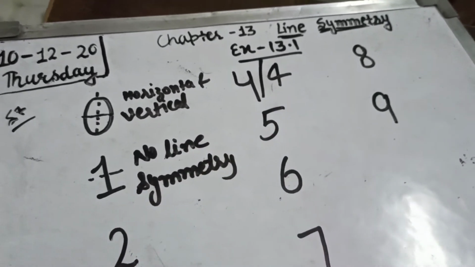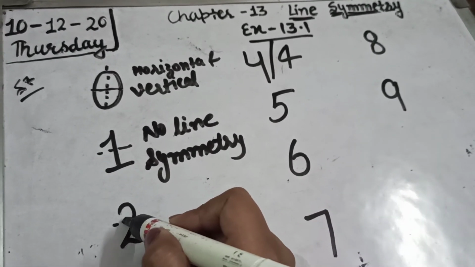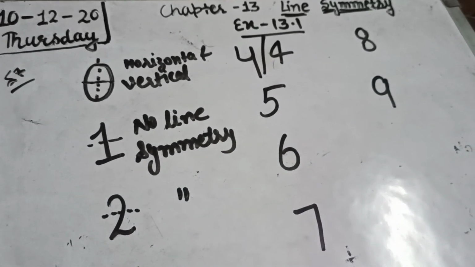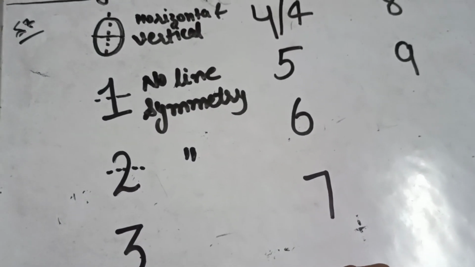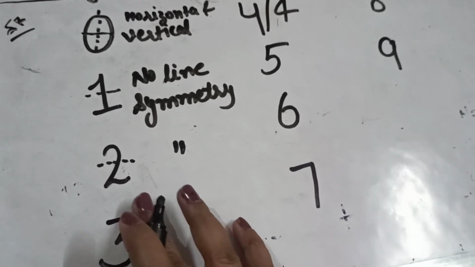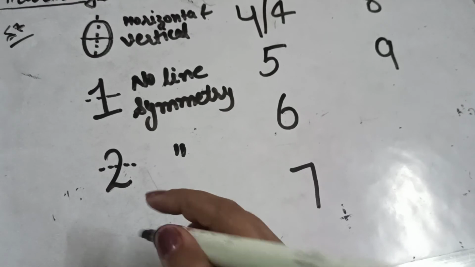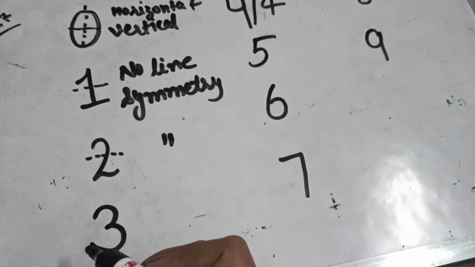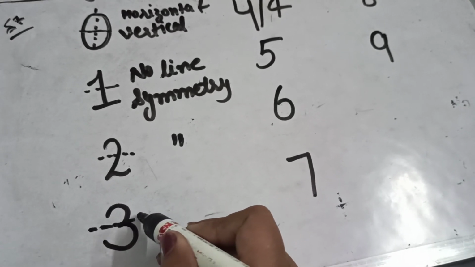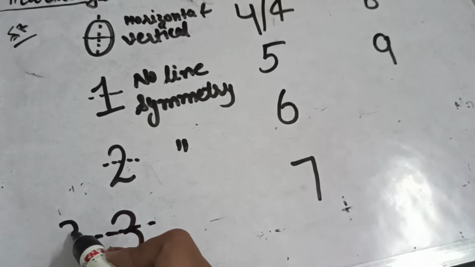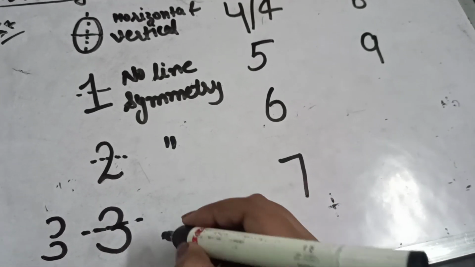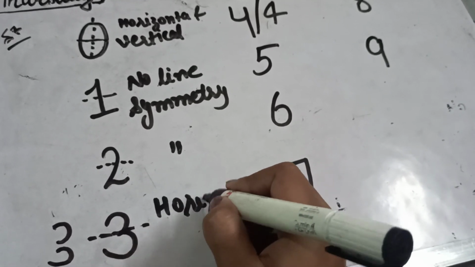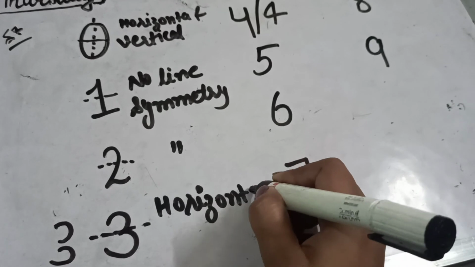Clear? 2, this one not, so this also has no line of symmetry. Clear? Now come to the third one. See, some are drawing the 3 like this, right? So here if I draw a line in this, same part here and same part here, so it has which line of symmetry? Horizontal.